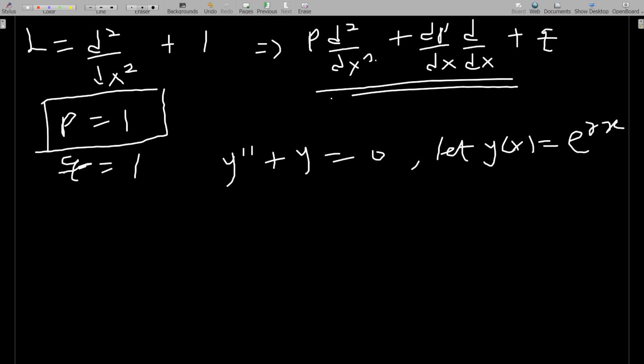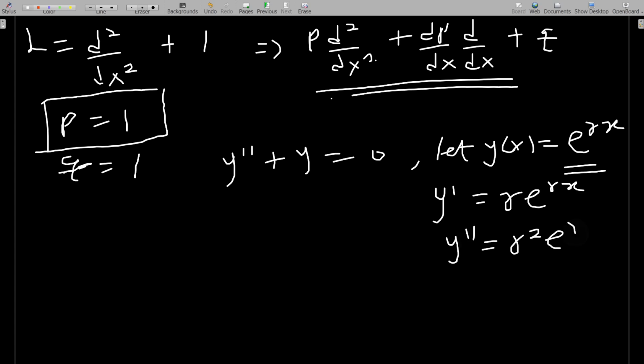I could have written the solution just like that, but I don't want to write it. I just want us to go through the process. Then this means that my y prime will be equal to r e to the rx, and my y double prime should be equal to r squared e to the rx.